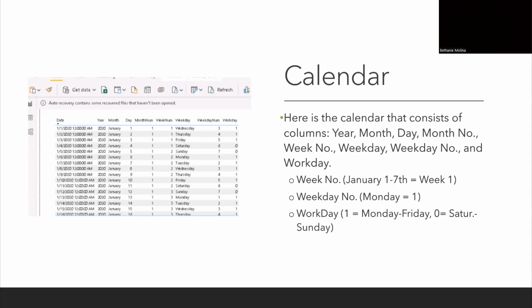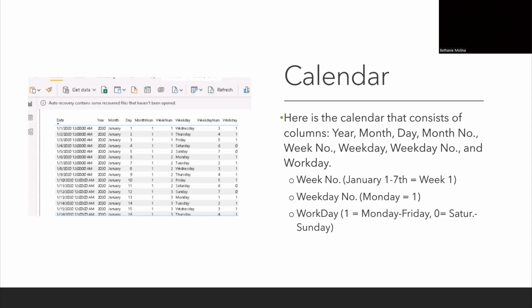And the workday, it only has 2 values. So 1 would be considered Monday to Friday, which is a workday, and 0 would be considered Saturday and Sunday, which is a non-work day. Now, with the calendar, they can easily use this for a lot of reasons, including analysis.